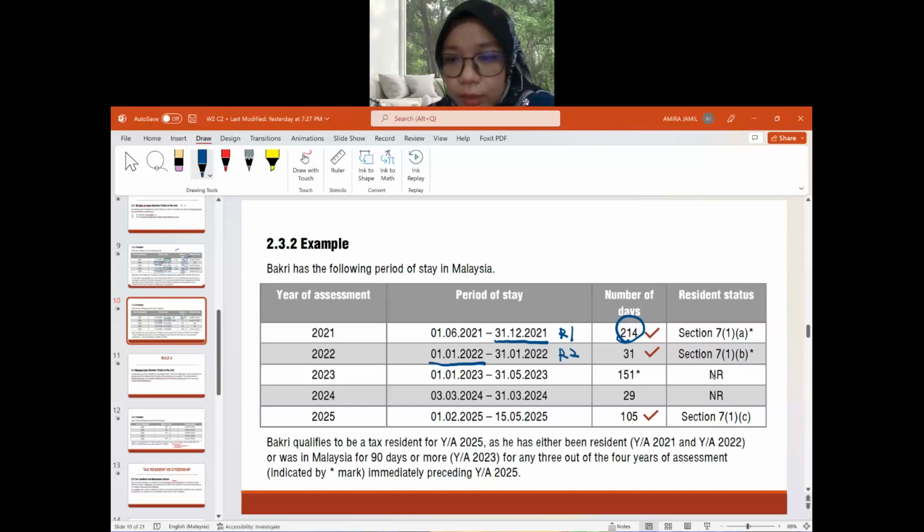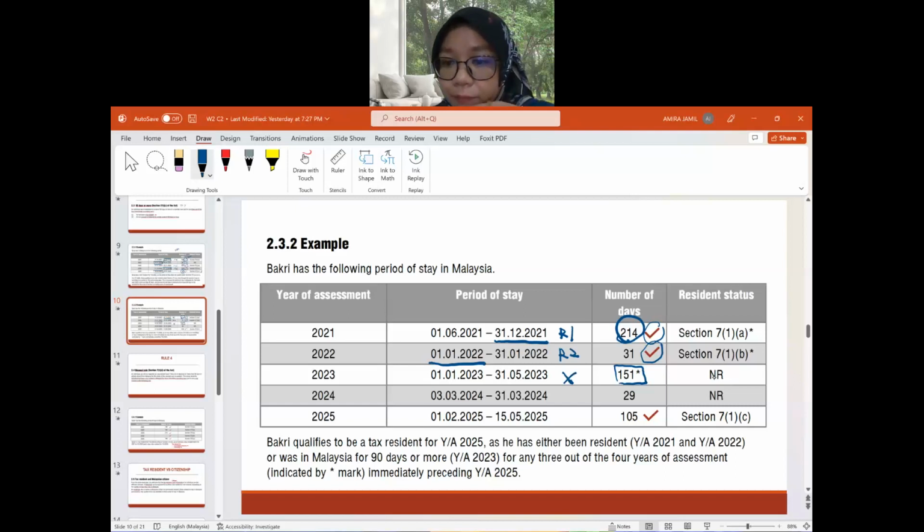This one is more than 90 days, but can we consider rule number 3? We cannot because it's only 2, 1 and 2. The rule number 3 said the individual must be in Malaysia for 90 days or must be a tax resident for 3 years of assessment preceding. So here only 2, so he cannot be considered as a tax resident.